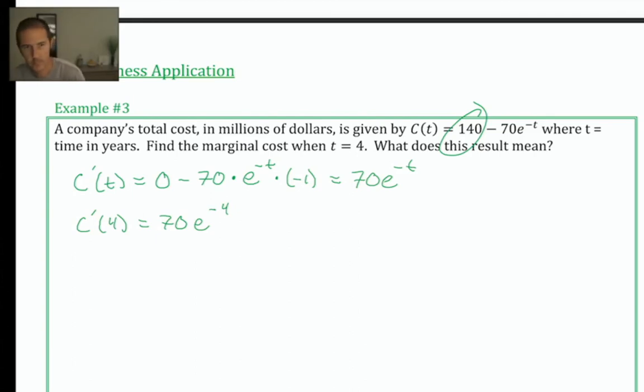Here we go. So let's see, I'm in a grapher, but you could definitely do this in a scientific calculator. And a grapher is nice, I can just type in 70, and then I need my e to the x button, which in my TI-84 is in the left-hand column. I have to hit second and then the natural log button.